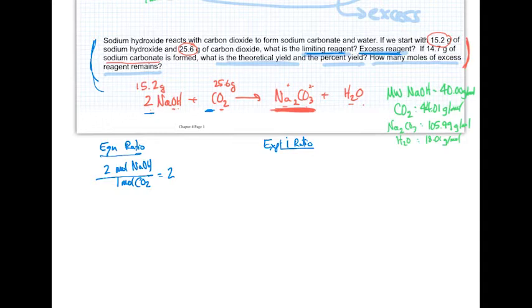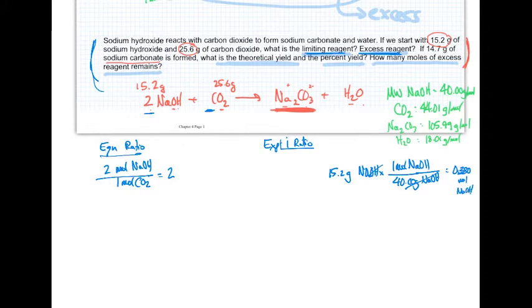So I'm going to start with 15.2 grams of sodium hydroxide. And I need to multiply that by the molar mass, which is 1 mole NaOH for every 40 grams NaOH, those cancel each other, and we have 0.380 moles NaOH.